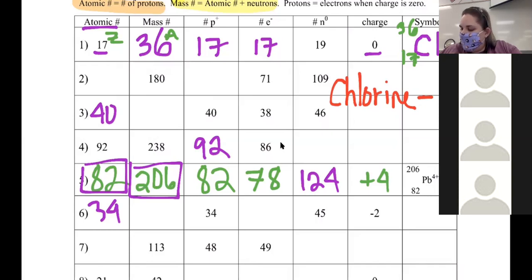For the other one, what element is Pb? So Pb is one of those ones where its symbol doesn't match its name because the symbol comes from the Latin name, which is lead, and the Latin name is plumbum. So this is lead and then dash, and then which number is going to go after this one?